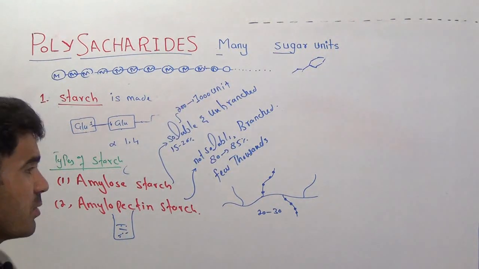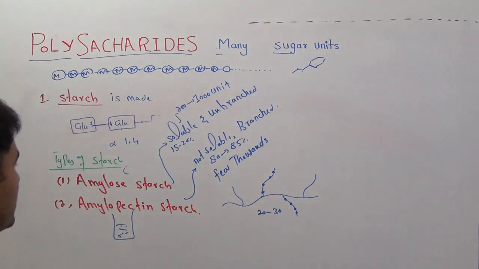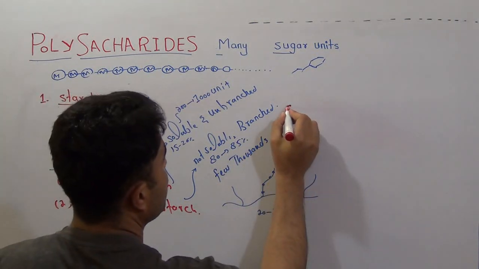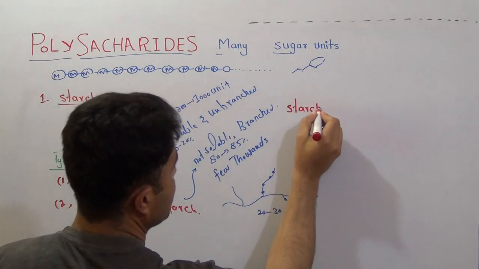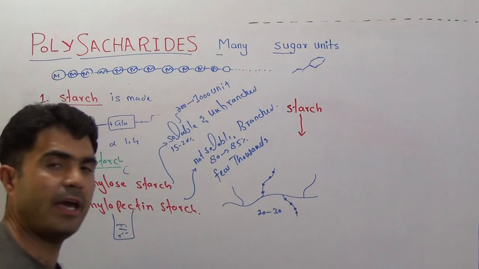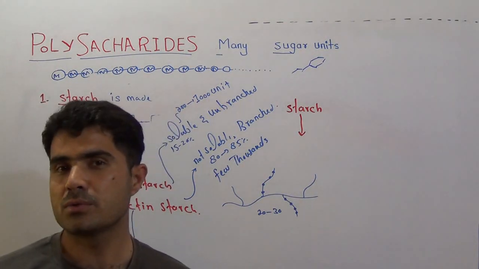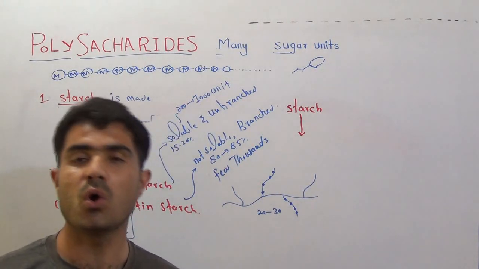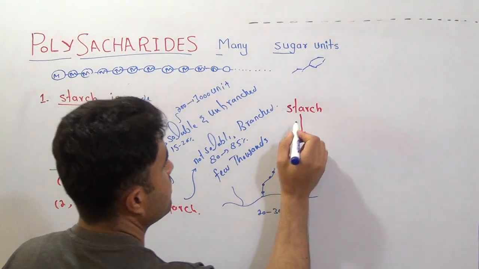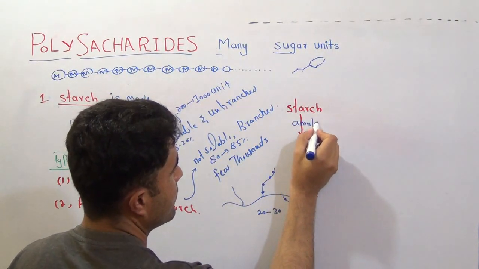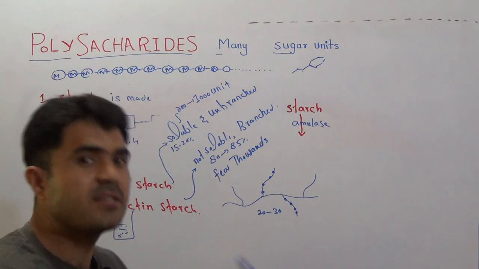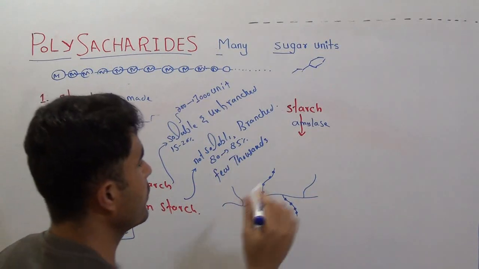Now, more interestingly, if we take starch and hydrolyze it, for hydrolysis you have two options: either you can use the enzyme amylase, or you can use an acid. If we hydrolyze the starch with the amylase enzyme, you will get many pieces of different lengths.